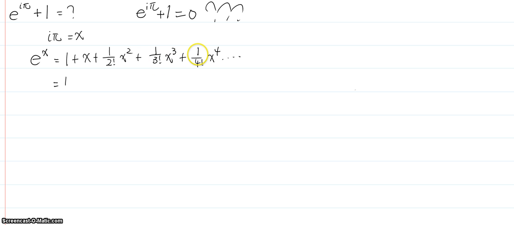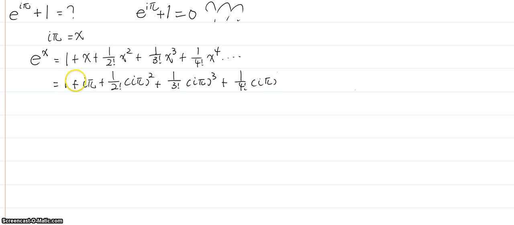So you have 1 plus i pi plus 1 over 2 factorial (i pi) squared plus 1 over 3 factorial (i pi) to the third plus 1 over 4 factorial (i pi) to the fourth, and this keeps going.